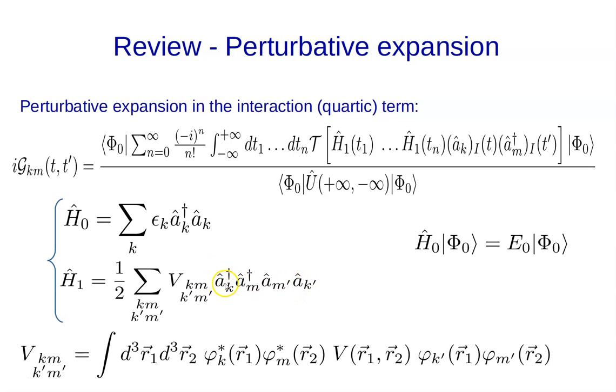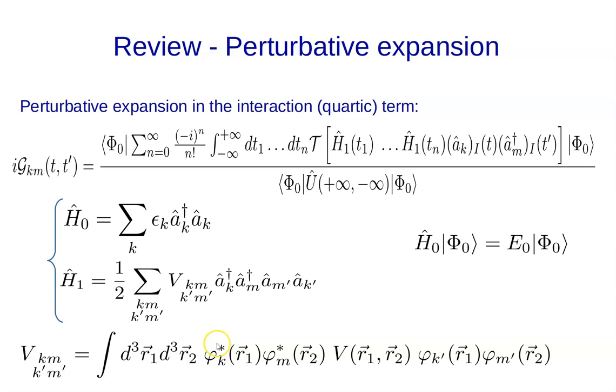4 operators here, 2 of them destruction operators and 2 of them creation operators. Notice that this matrix element is the integral of the interaction term. So this is, say, a Coulomb interaction at R1 and R2, okay?